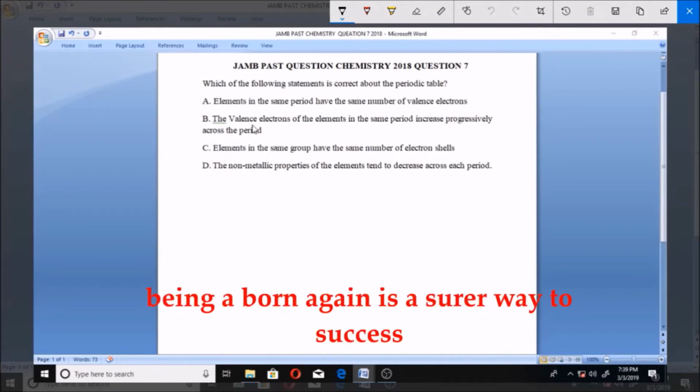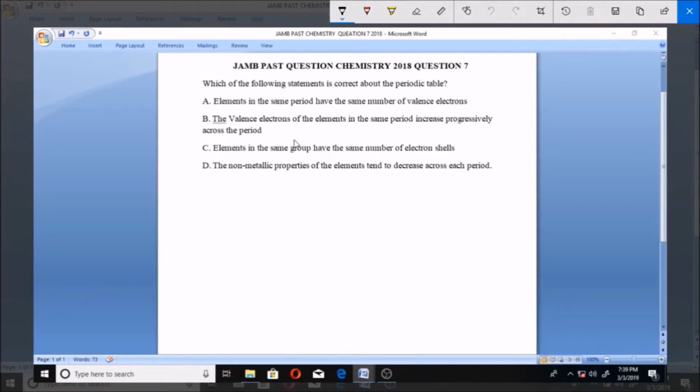B. The valence electrons of the elements in the same period increase progressively across the period. C. Elements in the same group have the same number of electron shells. D. The non-metallic properties of the elements tend to decrease across each period.